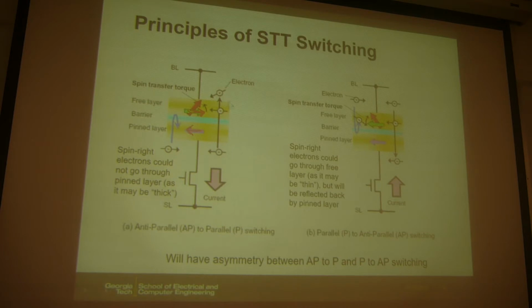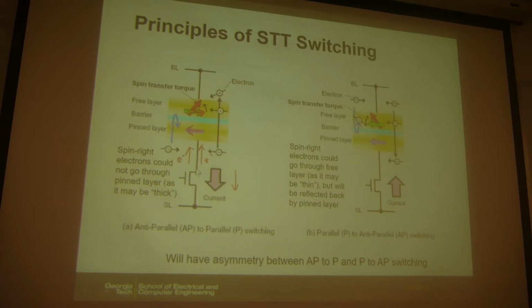Now you want to switch the free layer from the right to the left. So what you want to do here is pass a large current. You pass current directly through this MTJ structure, and that means you are injecting the electrons this way, because you know the electron flow is opposite to the current by definition.